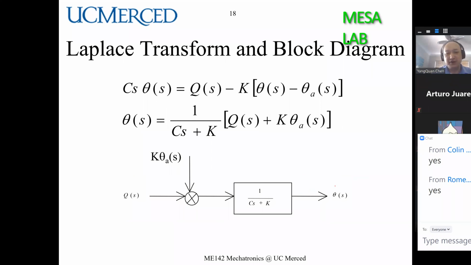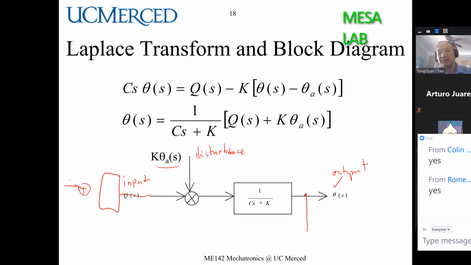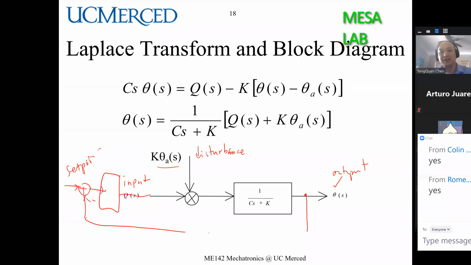This is my output, this is my input, and this is my ambient disturbance. My point is, can I measure the theta and choose some sort of controller and give a set point here, so I do this type of negative feedback so that my output is maintained at the set point?